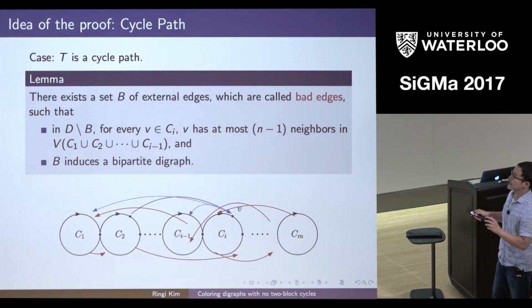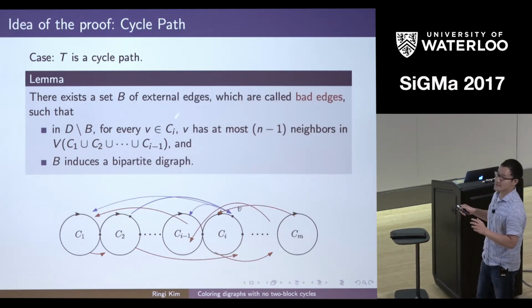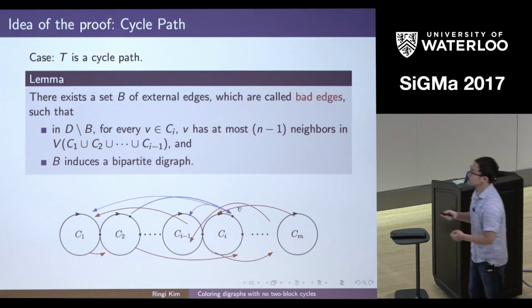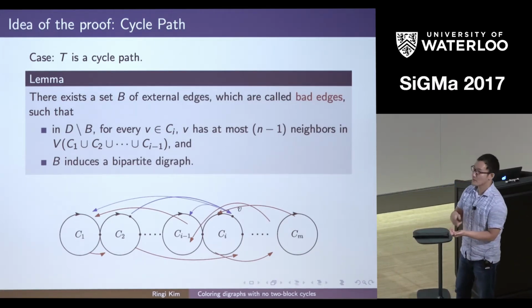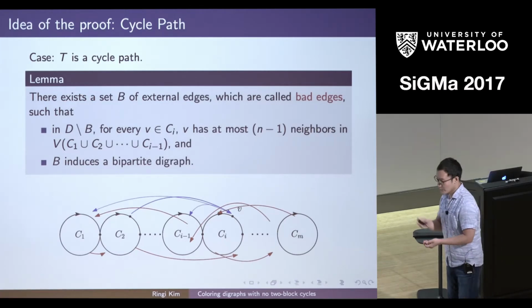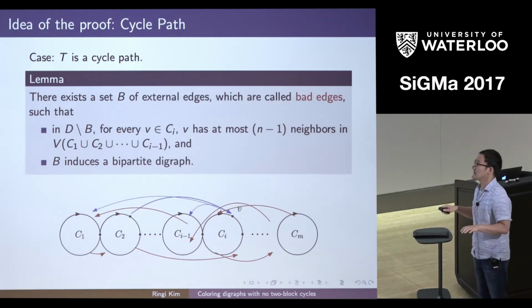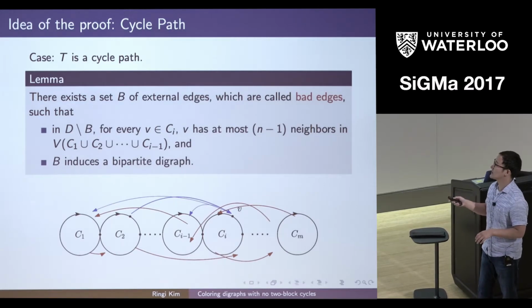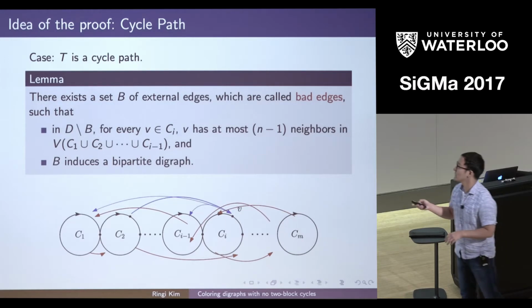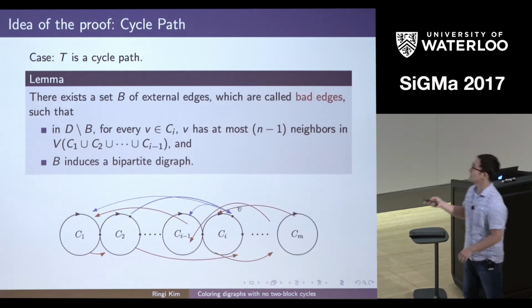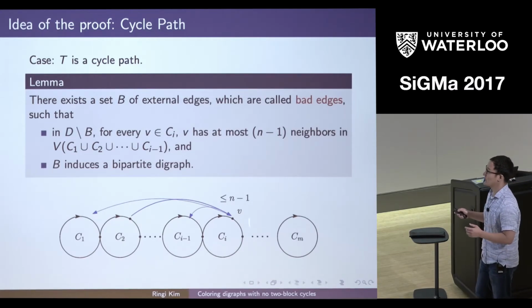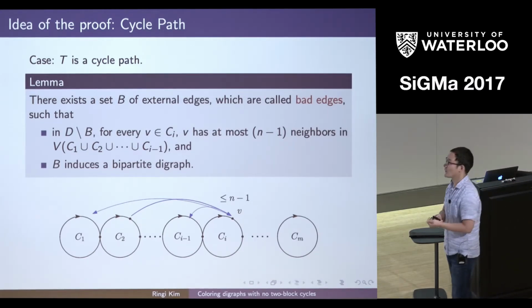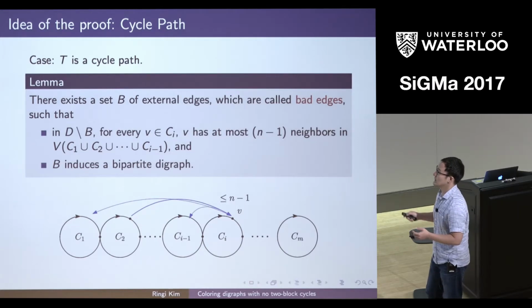We proved that there exists a set B of external edges, called bad edges, such that, first of all, B induces a bipartite digraph, so its chromatic number is just 2. And if we remove B, here the red edges are bad edges, then we have this nice property: every vertex V has at most n-1 neighbors in these cycles.